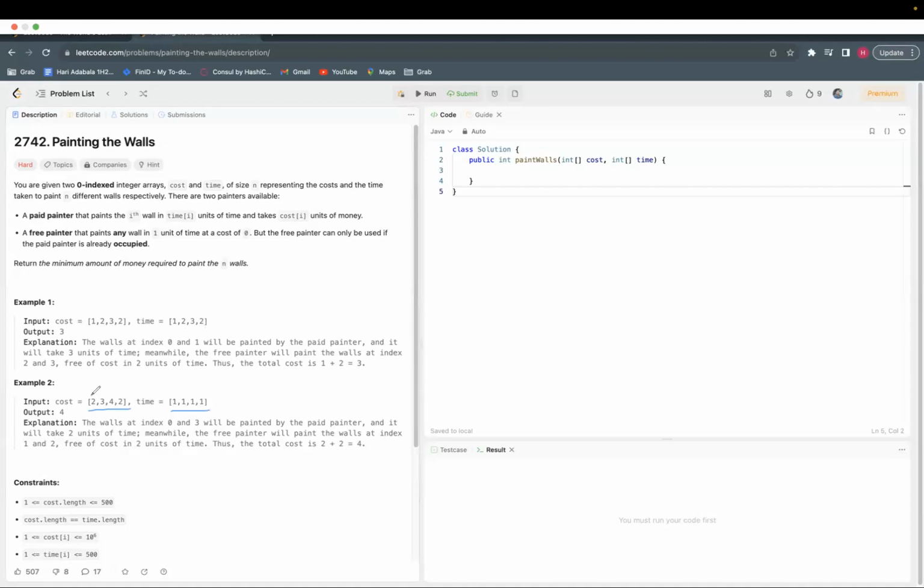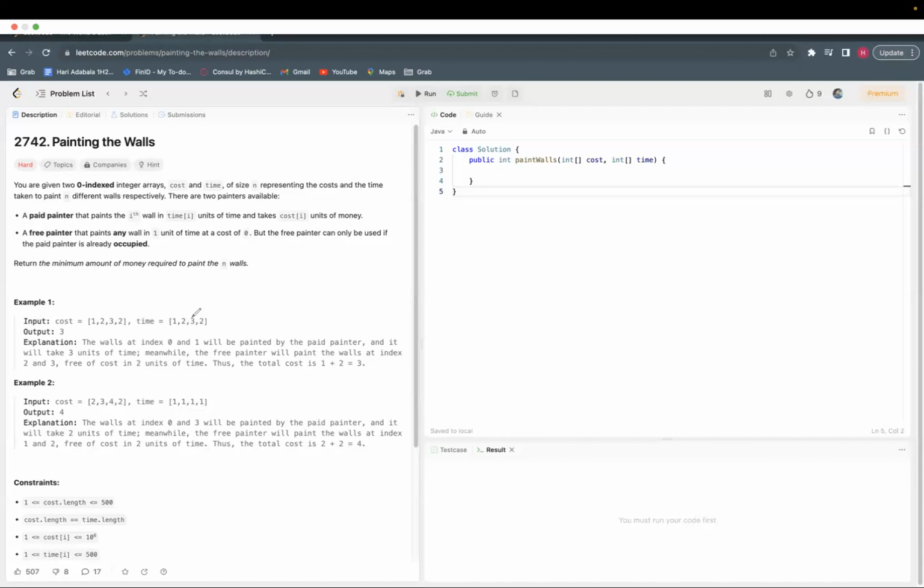While the paid painter is painting the second one, the free painter will paint this one, and while the paid painter is painting the last one, the free painter will paint this one. So the total cost will be 2 plus 2, which is 4. I hope the question is clear.